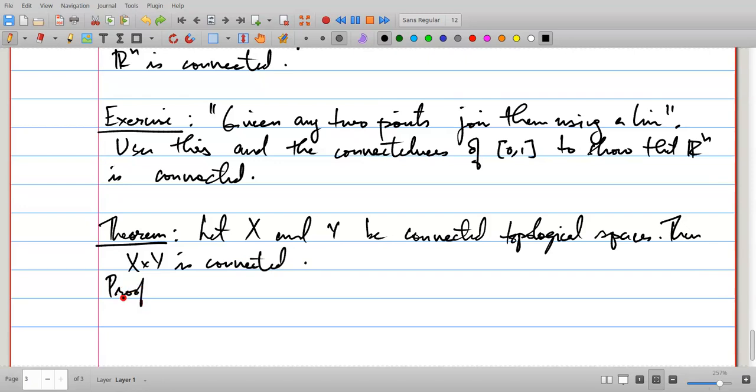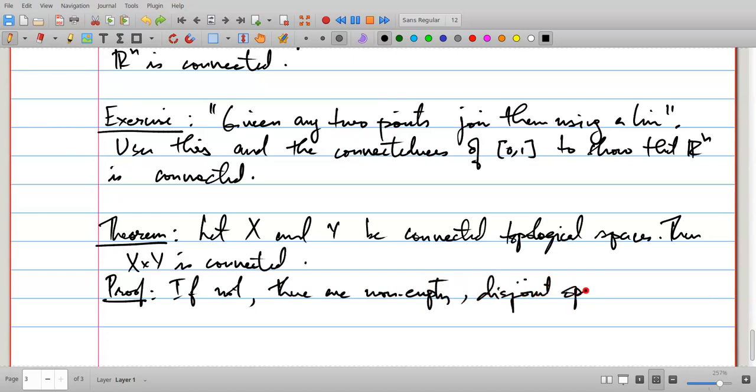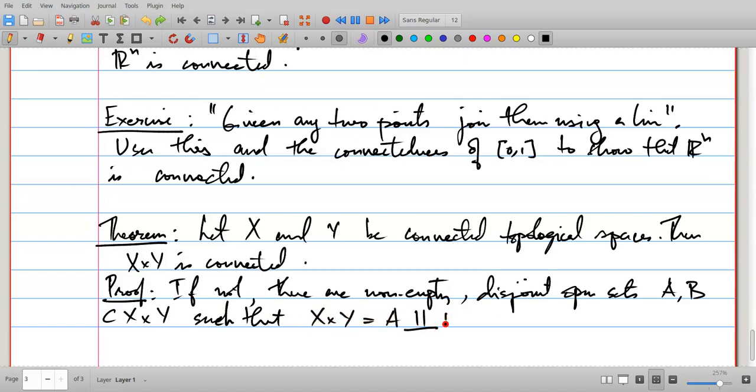So proof. If not, there are non-empty, disjoint open sets A and B contained in X cross Y such that X cross Y is A disjoint union B.